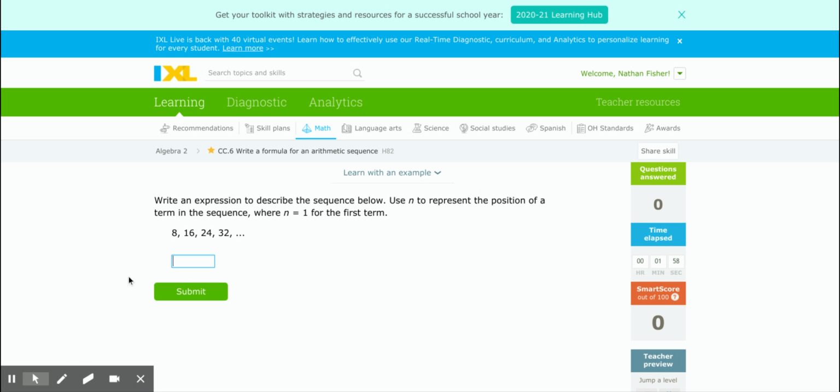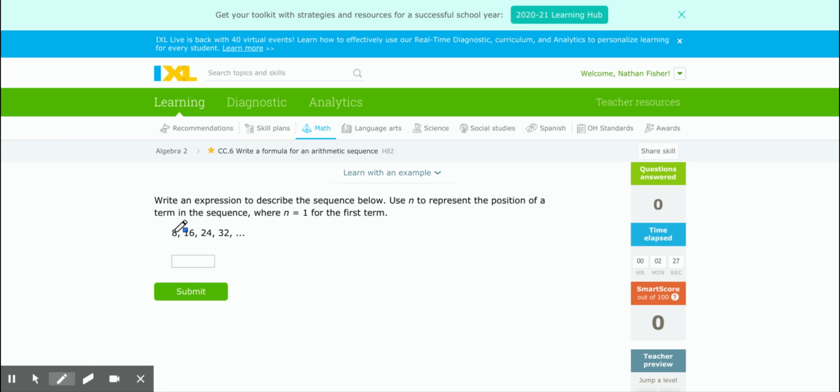I'm going to reduce down the template of a formula to just a couple of blanks to fill in to try to make things a little bit easier to understand. For this IXL and for the Algebra 1 version as well, we're asked to give an expression and use n as our variable, and n represents whatever step we're on.